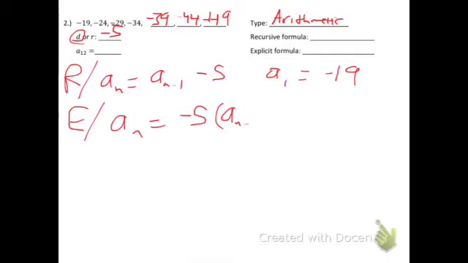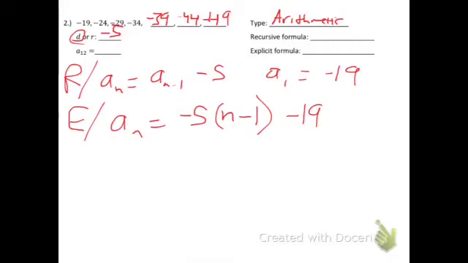A sub n minus 1 minus 19, and really it's similar to the function notation, except instead of having n and n minus 1 in the function, oh sorry, I messed that up here, man, I always do that when I switch. This should be n minus 1 minus 19.